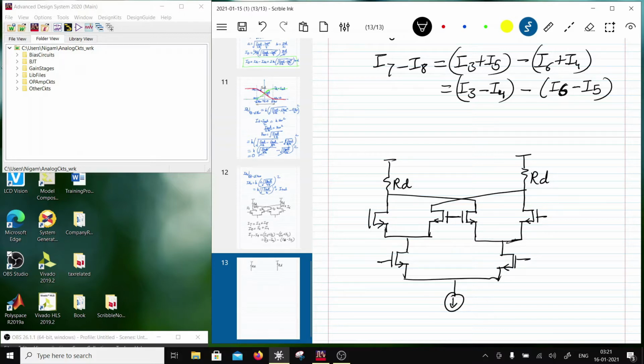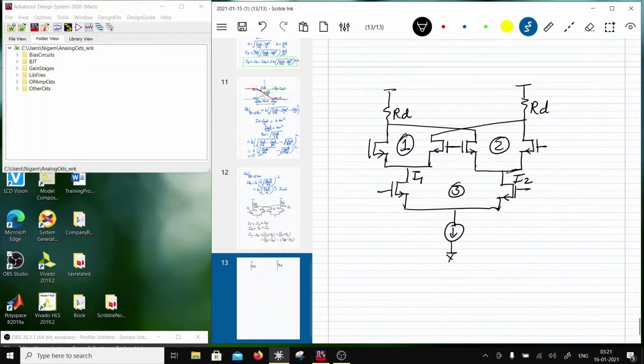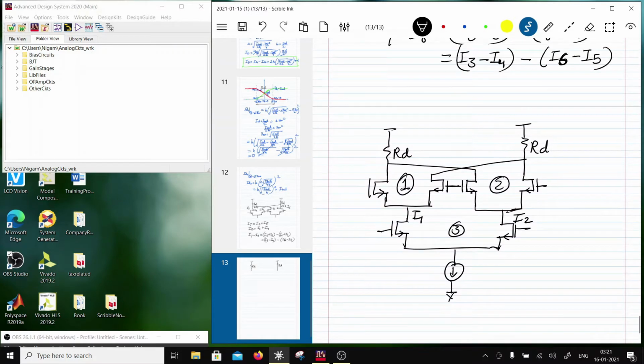And then there is an I tail here. So there is one translinear cell, two translinear cells, three translinear cells. This is I1, this is I2, so basically I tail equals I1 plus I2. Here this current is I7, this current is I8, then this current is I3, this is I4, this is I5, and this current is I6.